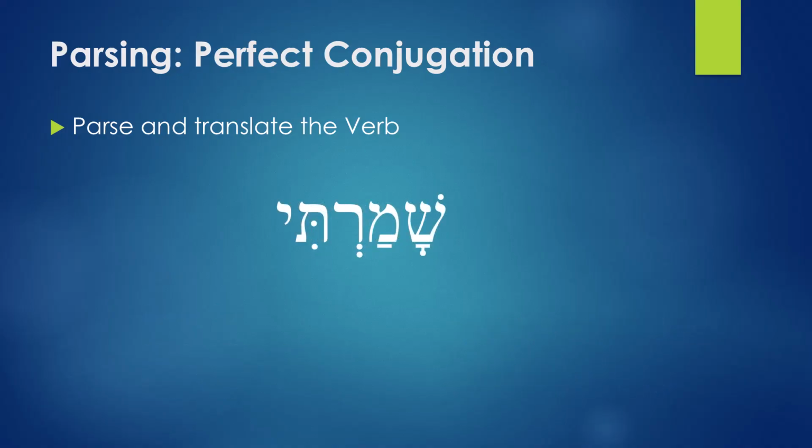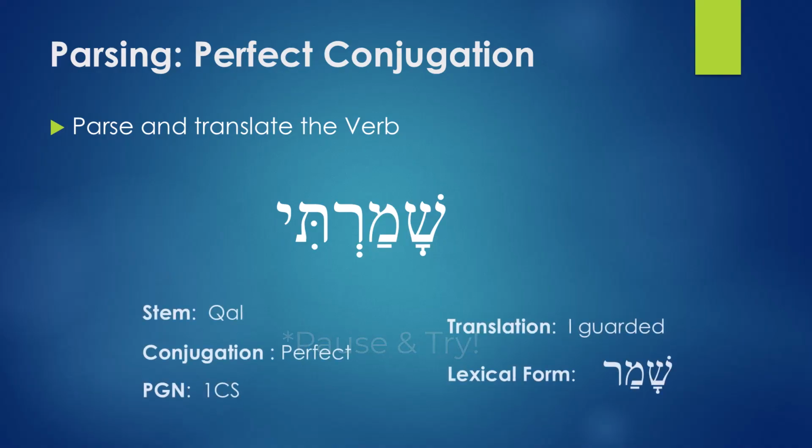Next we have this verb, shamarti. How do you parse shamarti? The stem is qal, the conjugation is perfect, but for person, gender, and number, looking at that ti suffix, it's coming from 1CS, first common singular.